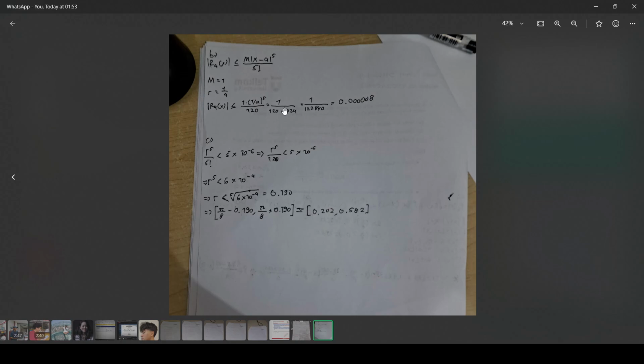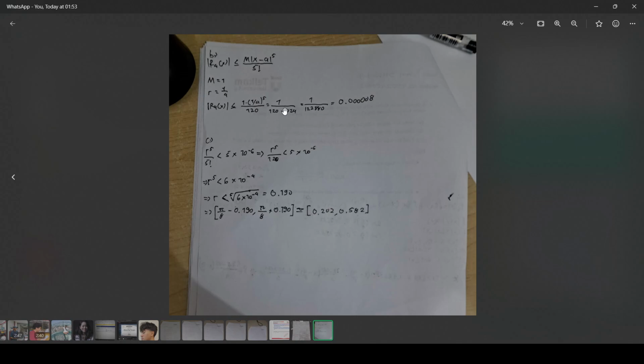Here we know that the absolute value of R4(x) is less than or equal to M times the absolute value of x minus a to the power of 5 over 5 factorial. We know that M is equal to 1 and r is equal to 1 over 4. By putting in all these values, we get 0.000008, and this is for the B section.